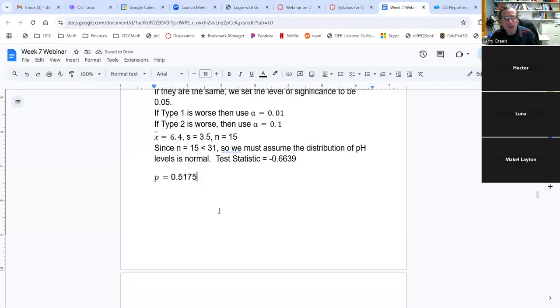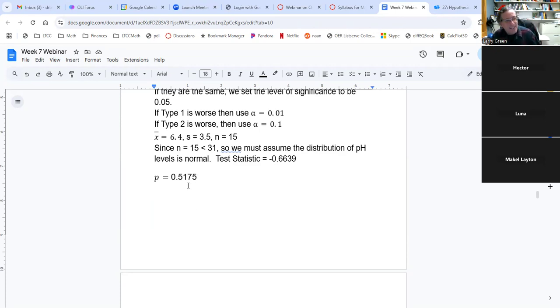Okay, if the p-value is 0.5175, is that small enough? Is that small enough to reject the null hypothesis? Okay, so we look at that.